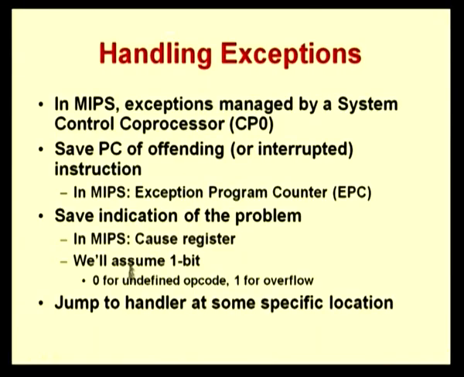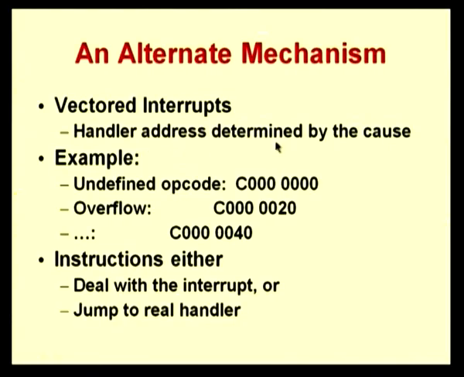Okay, and then you have to jump to the handler. What is the handler? The handler is the one that is going to take care of that exception. So we refer to it as an exception handler or an interrupt handler. You will have to jump to the handler, which will be at some specific location. Now, how will I know this specific location? It may be some standard location that is used, or an alternate mechanism is what is called a vectored interrupt. In this case, you will determine the address based on the cause.